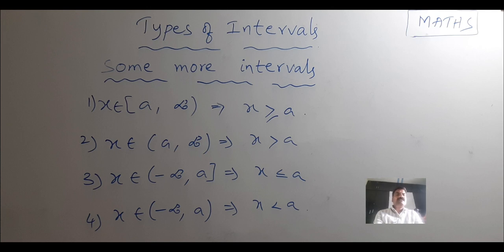Similarly, the second one, x belongs to open interval a comma infinity. See, here it is an open interval, so we cannot include a. That's why we mention x greater than a. Just greater than a, since it is an open interval, so we should not include a.